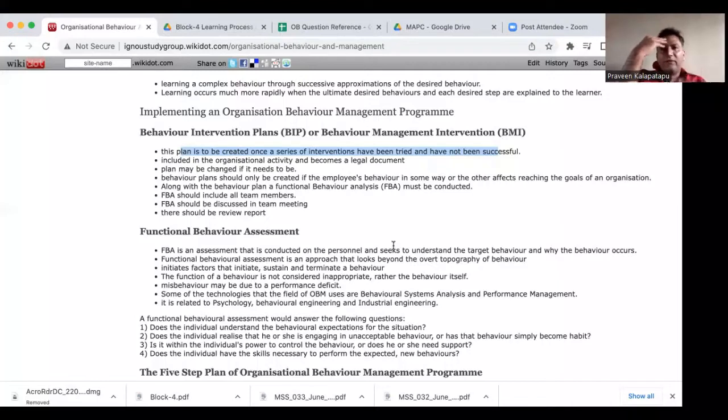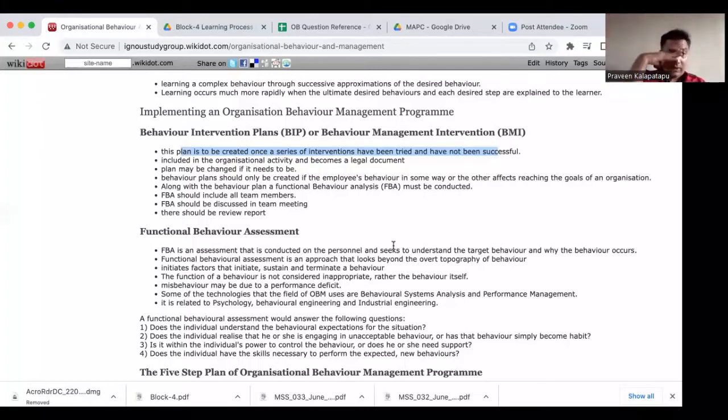So now you need a plan to understand why they are behaving that way, what the root cause is, whether there is anything wrong with the targets that you have, and so on. An analysis is required, and post analysis you come up with that particular plan. That is what the behavior intervention plan, or behavior management intervention, is all about.